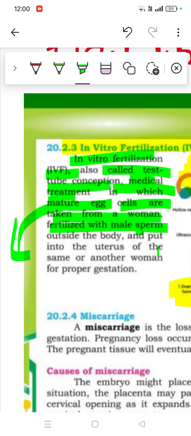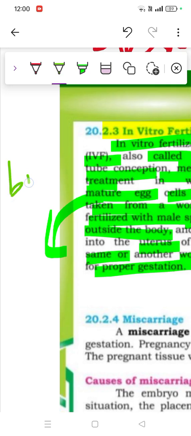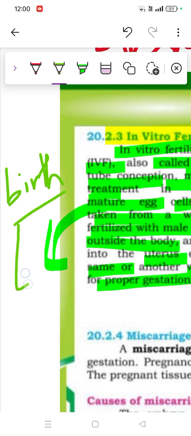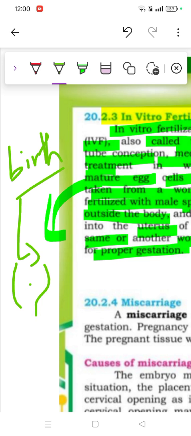This means everything is done outside the body and then put into the uterus of the same or another woman for proper gestation. Gestation is simply the period before the child takes birth. So everything is done outside the uterus, and then it is put into the uterus so that the process can continue.